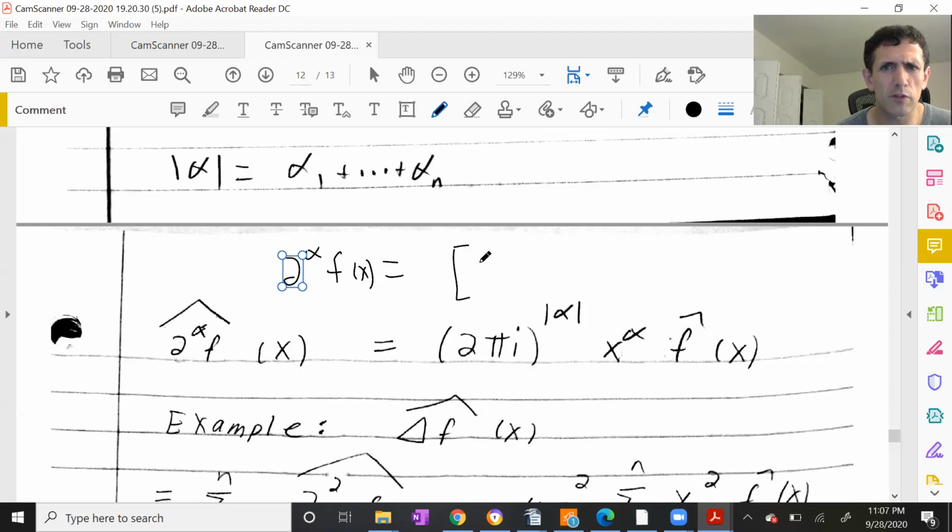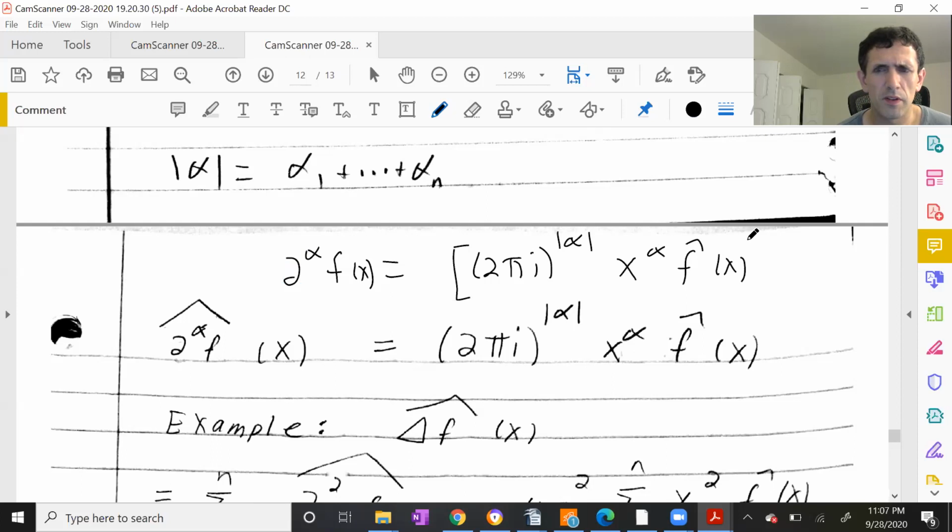Take the inverse Fourier transform of everything here. So you can write these partial derivative operators as an inverse Fourier transform.